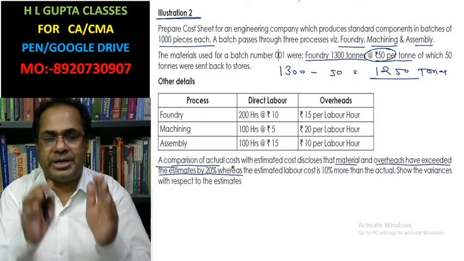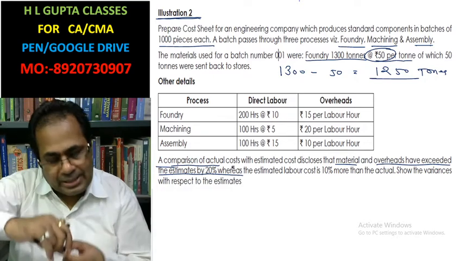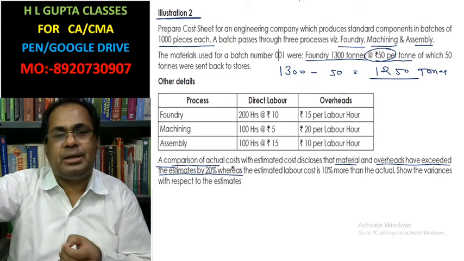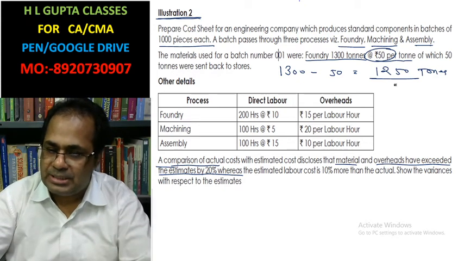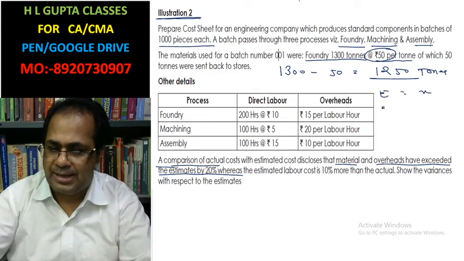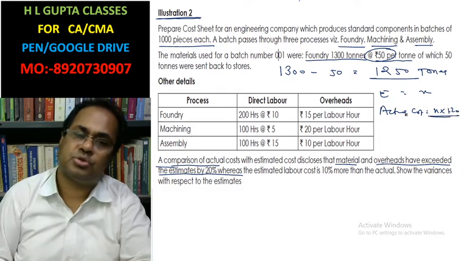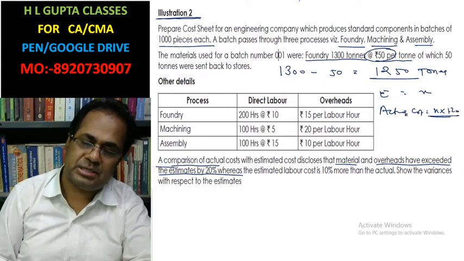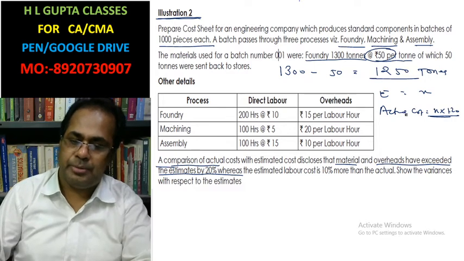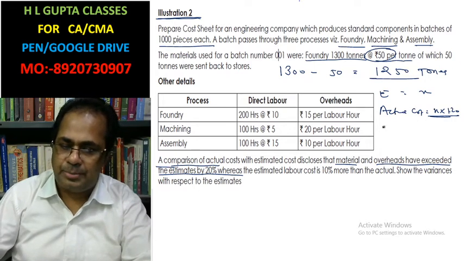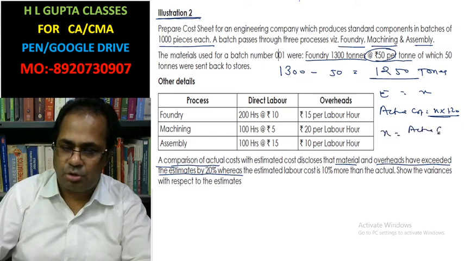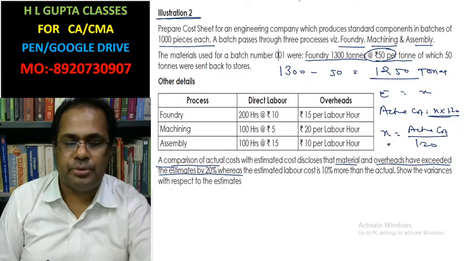It means material cost and overhead cost have increased by 20%. Suppose the estimated cost is x, then the actual cost is x into 1.20, because of the 20% increase. It means if the actual cost is given, then the estimated cost is calculated as actual cost divided by 1.20.